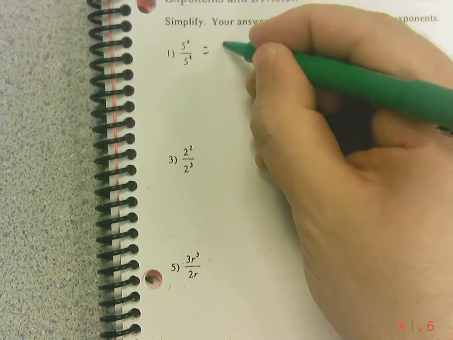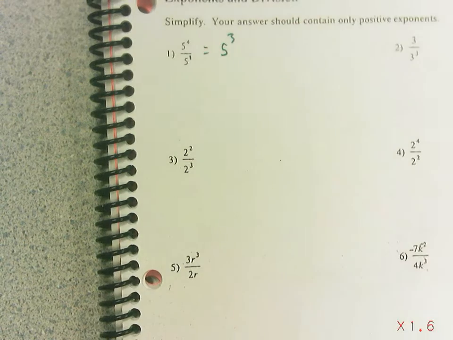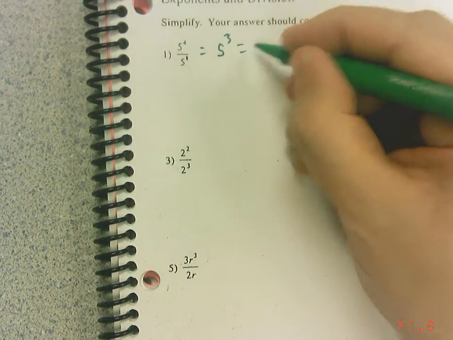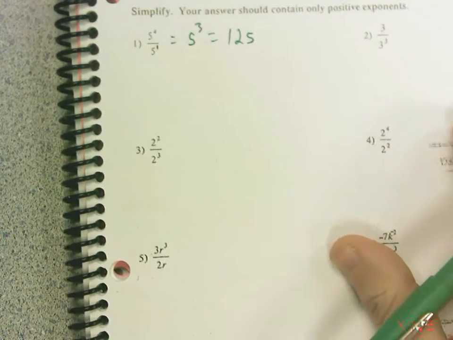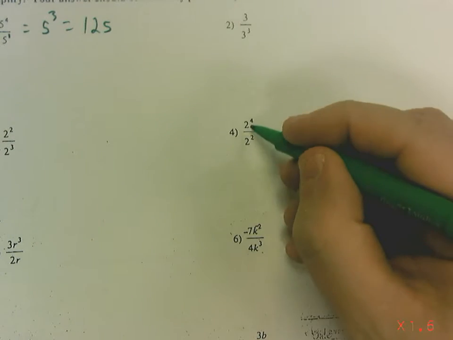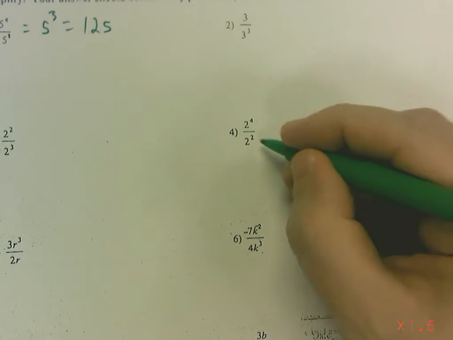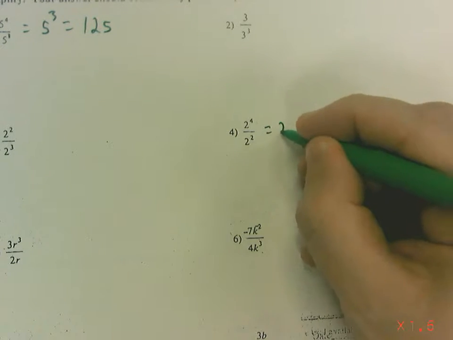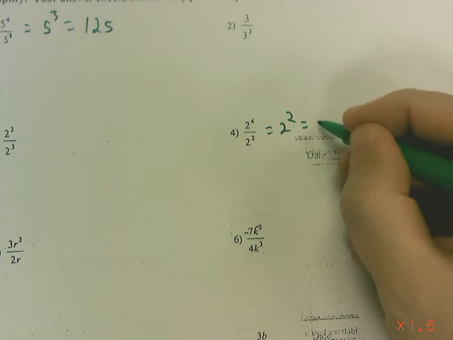So I could just quickly write 5 to the 3rd, which is 125. That would be your answer right there. And if I look at this one, 2 to the 4th over 2 to the 2nd power, again, you subtract the exponents. 4 minus 2 is 2, so it'd be 2 squared, which is just 4.